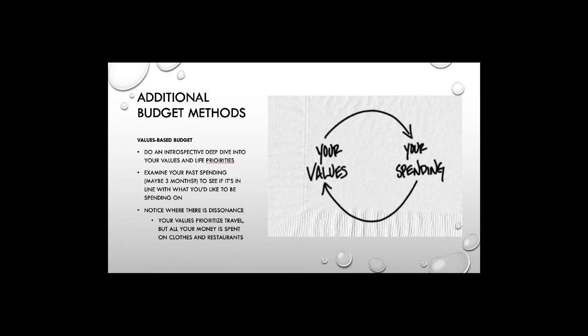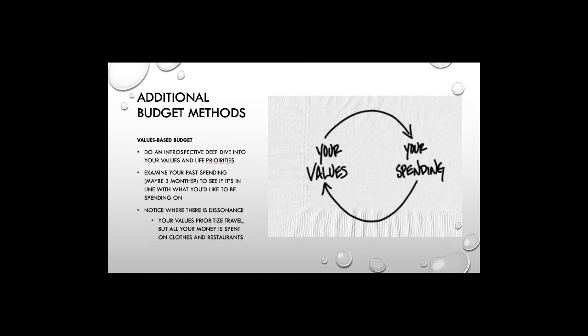Well, you do an introspective deep dive into your values and your life priorities, and you write down, what's really the most important thing to you? Now, from there, you hold those in one hand, and in the other hand, you look at your past spending, maybe for the past 3 months or so, and is your spending in line with what you'd like to be spending your money on? Or is there dissonance?